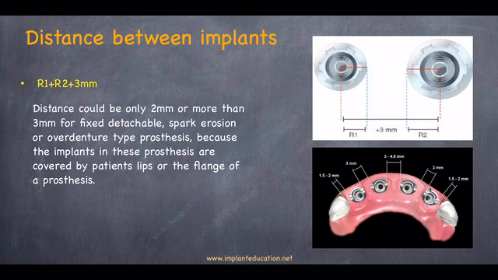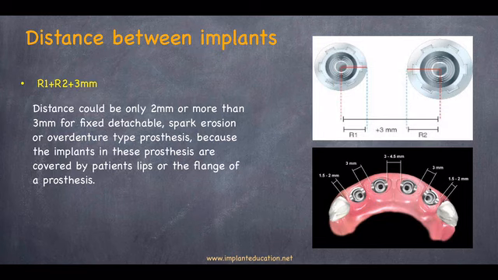We'll start with the topic here, the distance between implants. So forget about the teeth for now. Let's say you are placing 2 implants or more. What is the distance between your pilot holes, the pilot drills that you're going to be using to form the osteotomy? The rule is the radius of implant number 1 plus 3 plus the radius of implant number 2, as you can see here in the upper illustration.